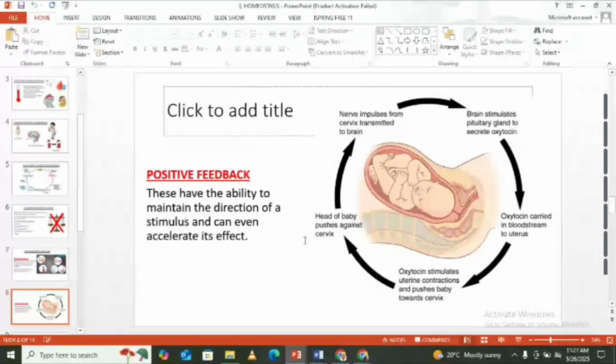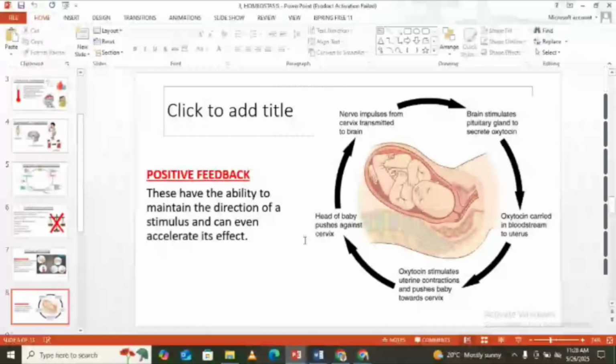It moves the body away from the normal state, accelerates the body from that normal state, achieves a specific outcome, then it drops back to the normal function.